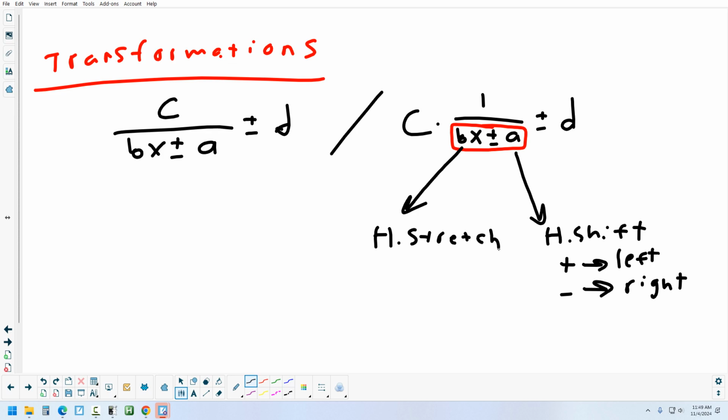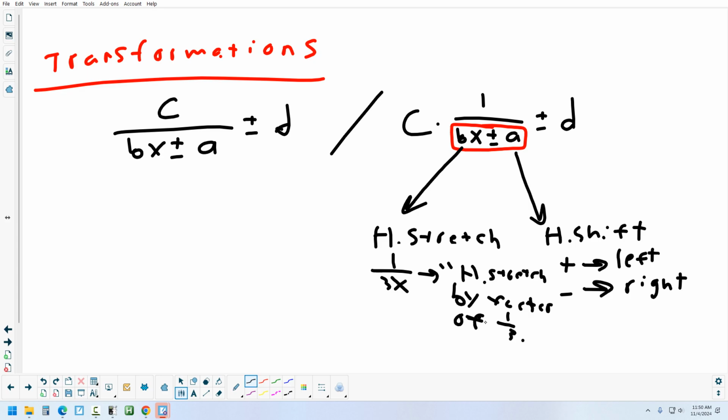So let's say you had something like 1 over 3x. The bigger you make B, the more compressed it gets. So if I was going to describe this one, I would say horizontal stretch by factor of 1/3.